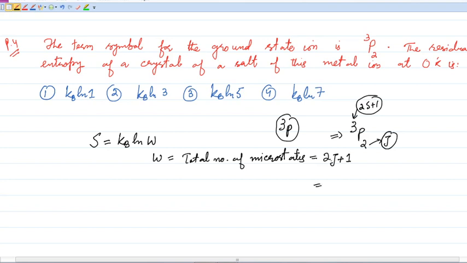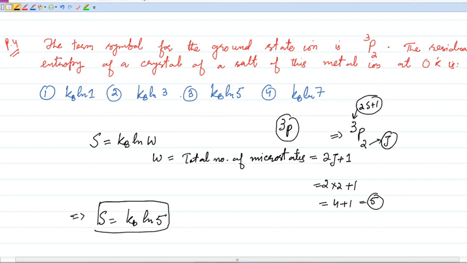So it will be equal to 2 multiplied by j value, which is simply 2, plus 1, so it will be 4 plus 1, which is simply equal to 5. So W is basically equal to 5. So we will simply write S will be equal to Kb ln of 5. So this was very simple question. So the answer is basically this third option.